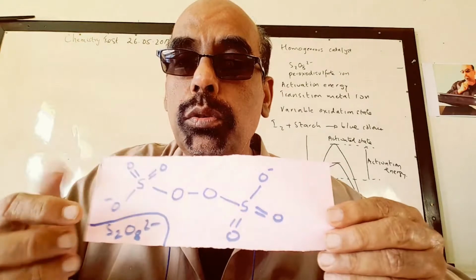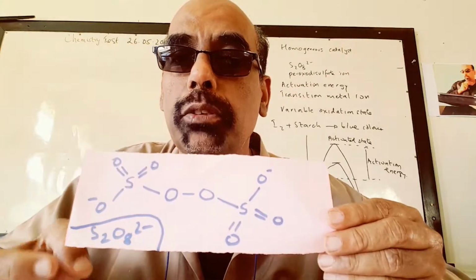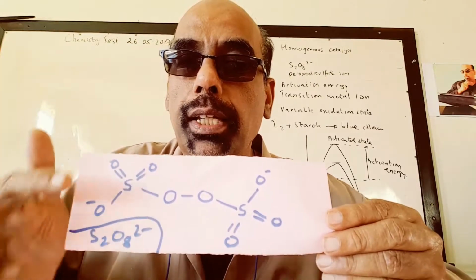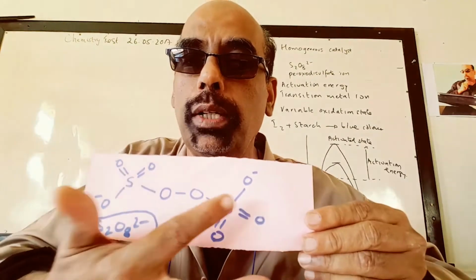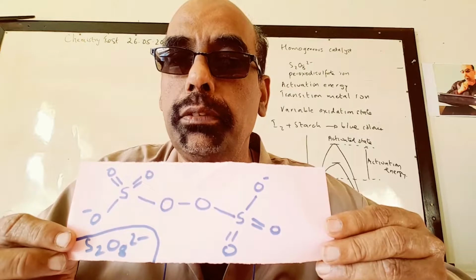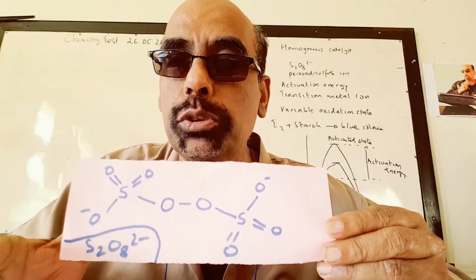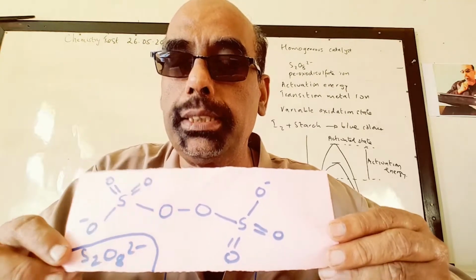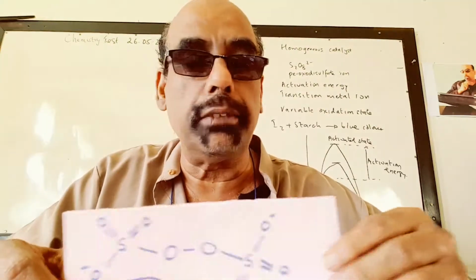You have the O-O group, 2 atoms. This is the peroxide group. And you have one sulfate and one sulfate, peroxydisulfate. So here you have the peroxide group and also the two sulfate groups. It is di-negative, it is a negative ion.